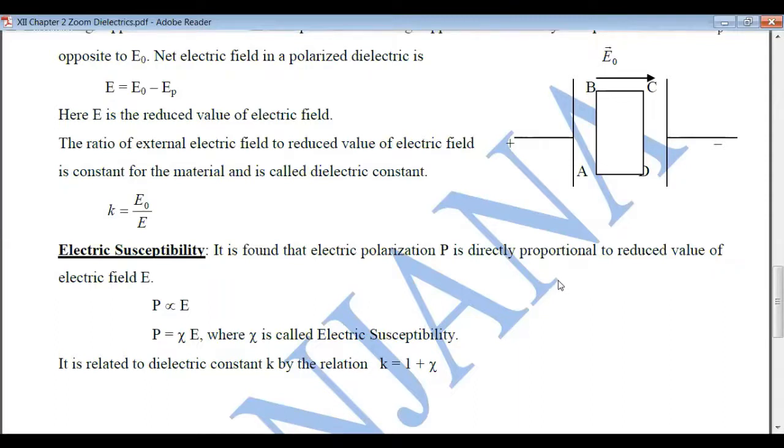In terms of dielectric constant, it is E naught upon K, or you can write it as E naught minus EP. EP is the electric field in the interior of the dielectric slab when it is placed in a uniform electric field.